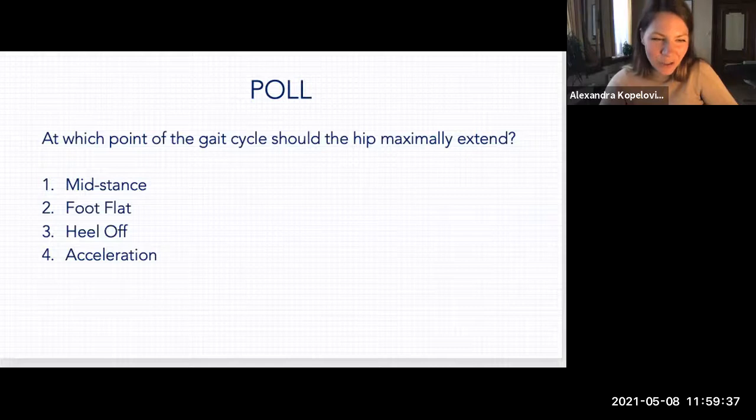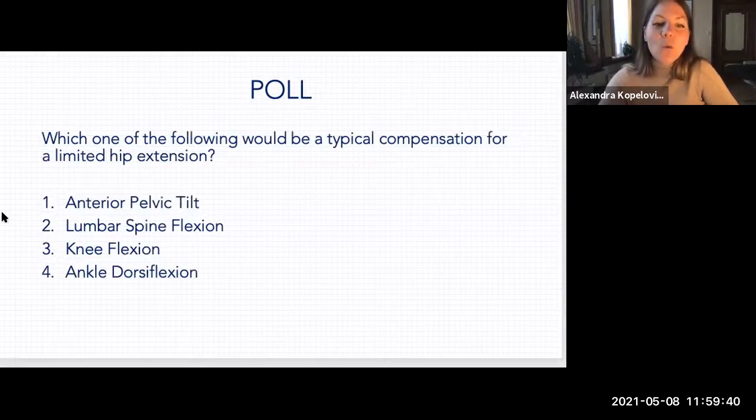I have two more for you. Which one of the following would be a typical compensation for a limited hip extension? So this is from the last part of this webinar, and I'm going to launch this one, hip extension, and launch. Okay. Which one of the following would be a typical compensation for a limited hip extension?